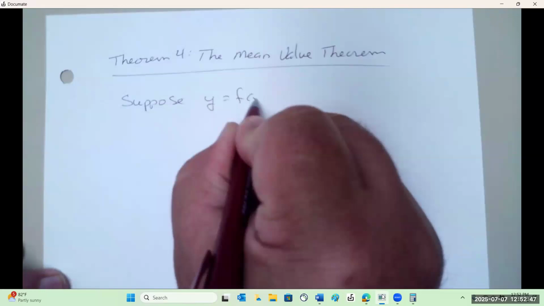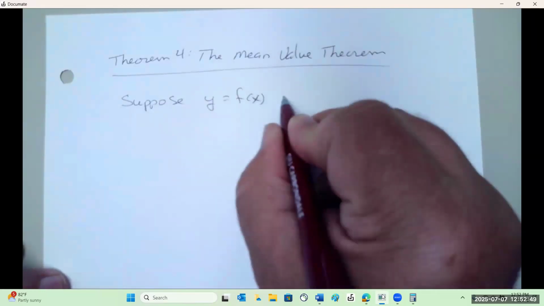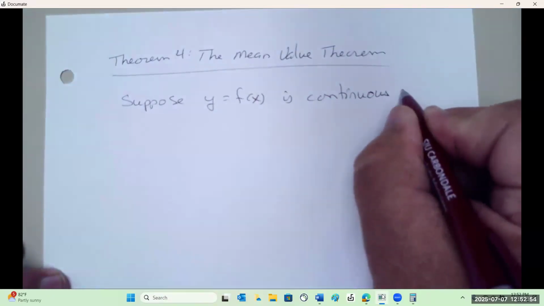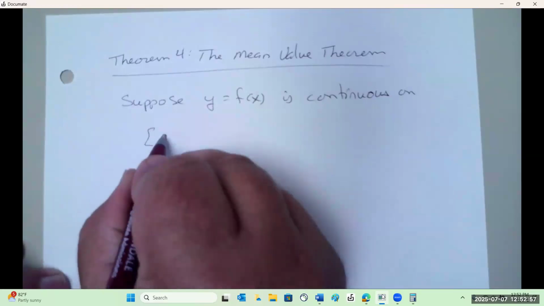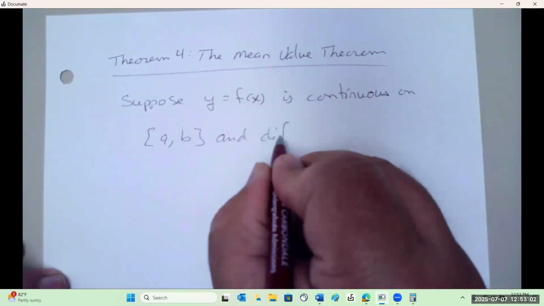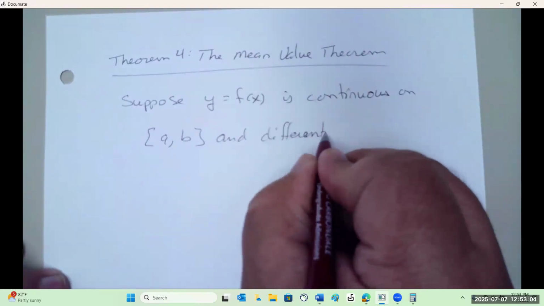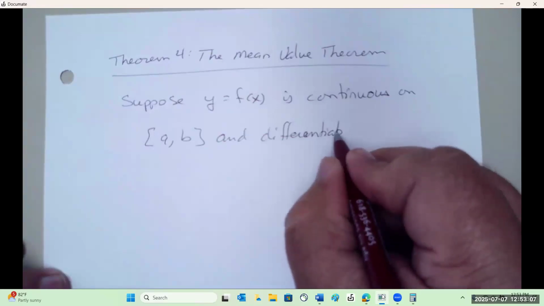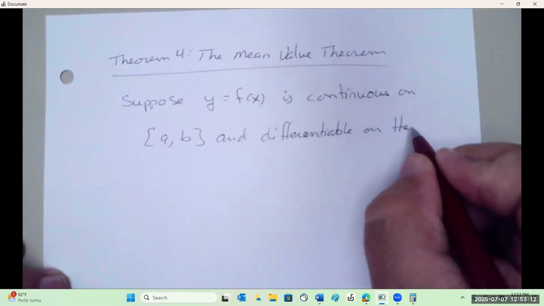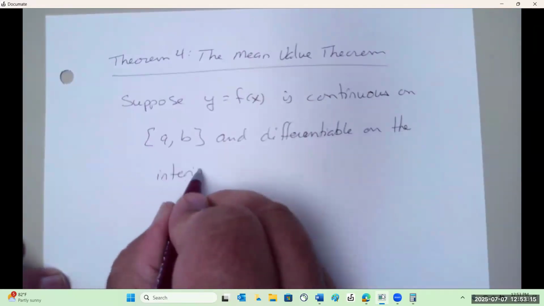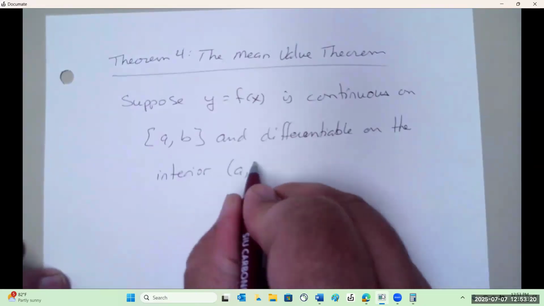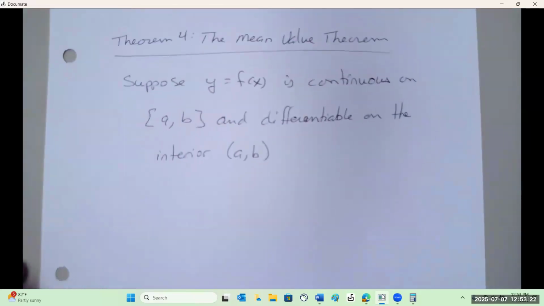Suppose y equals f of x is continuous on a closed interval AB and differentiable on the interior of AB.